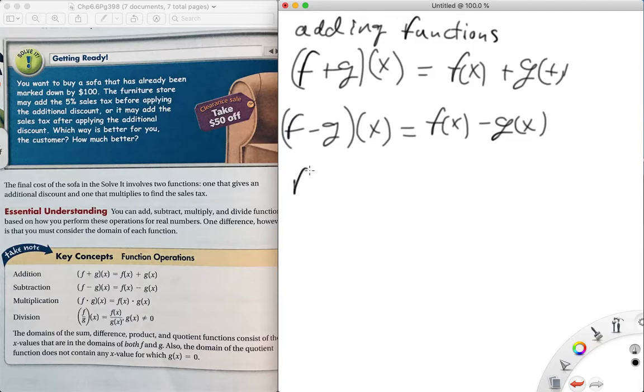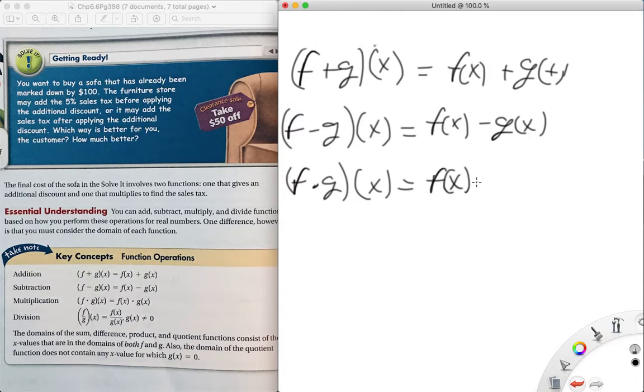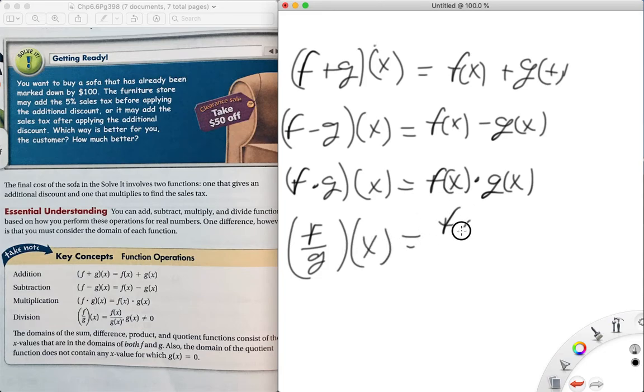You have (f times g) of x, which is f of x times g of x, and then you have (f divided by g) of x, which is f of x divided by g of x, of course given that whatever g of x is doesn't equal 0.